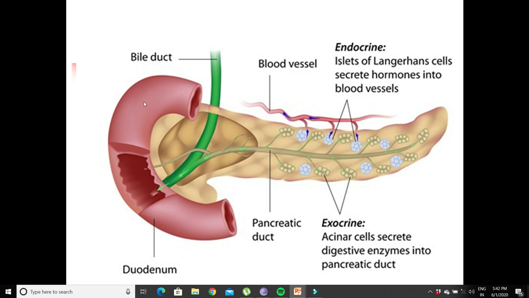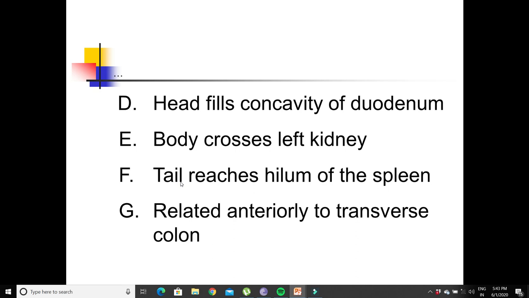Here lies a C-shaped duodenum, and in the concavity of the duodenum we can see the pancreas, the head of the pancreas. So the head fills the concavity of the duodenum, the body crosses the left kidney, the tail reaches the hilum of the spleen, and it is related anteriorly to the transverse colon.